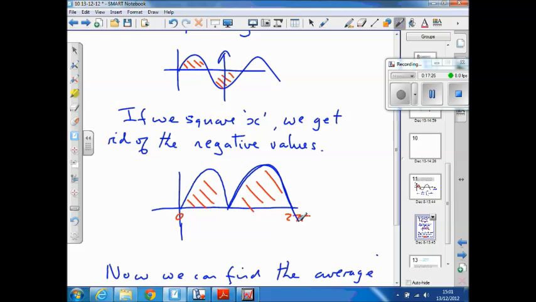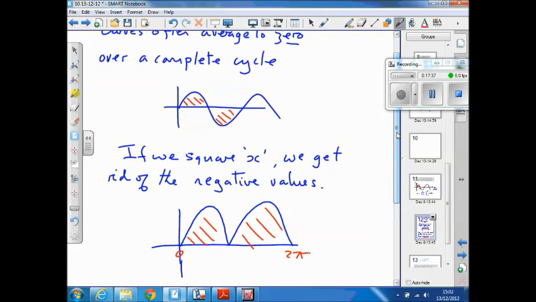If I now find the average value of that, I can get a value for the mean voltage, say. So if I want to know the mean voltage over a complete cycle, it's no good integrating between 0 and 2 pi a function like this, because it will come out to an average of 0, which is what you'd expect. Agreed?